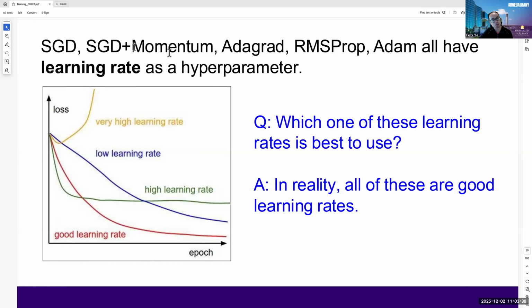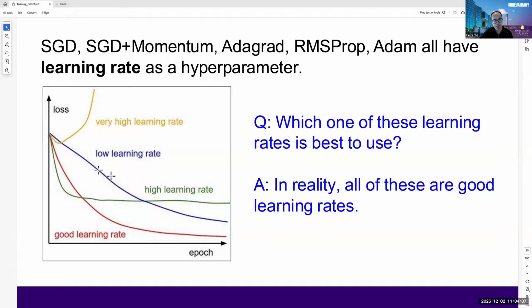We have SGD with momentum, AdaGrad, and RMSProp, and they all have the learning rate as a hyperparameter. If you have a very high learning rate, your loss will not decay. It will actually go up because we overshoot. If we have a very low learning rate, things will converge really, really slowly.